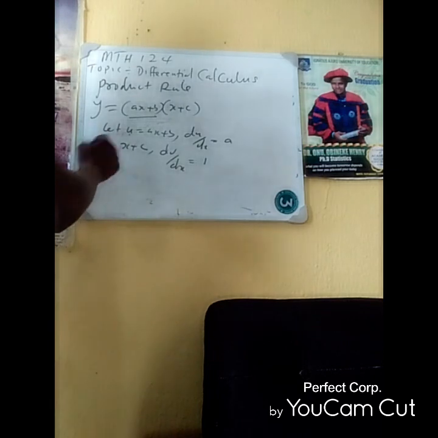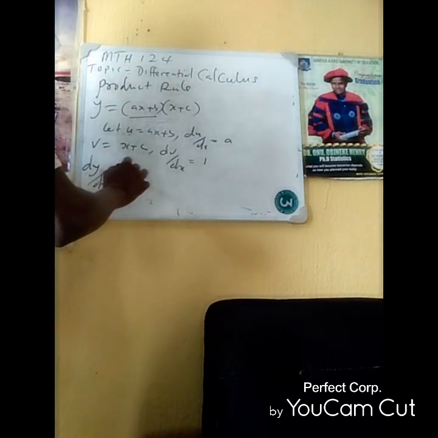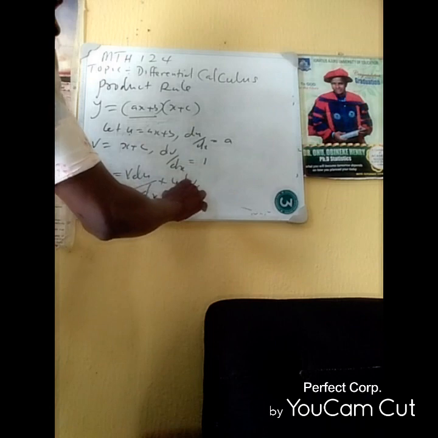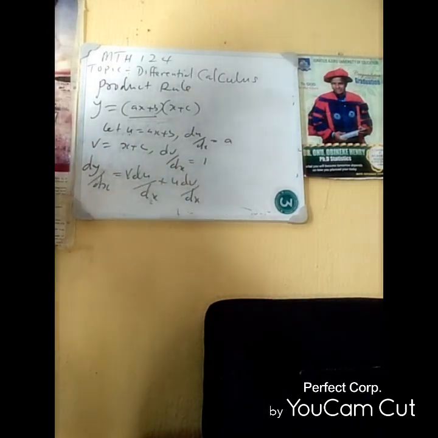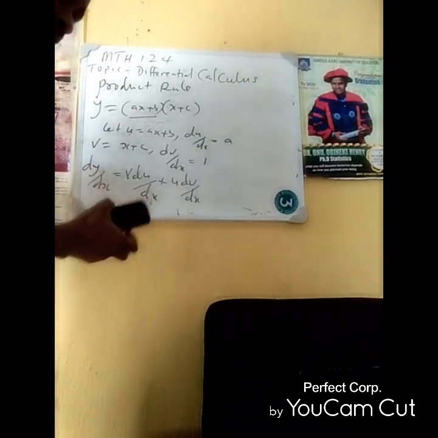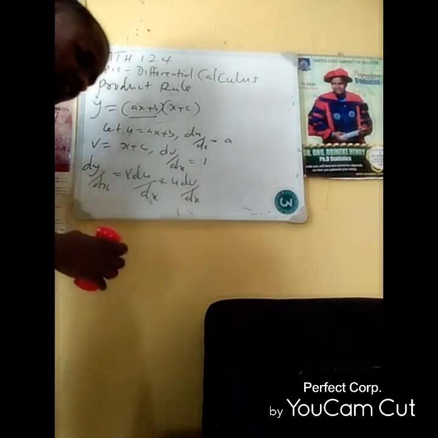Now the formula for the product rule is dy over dx equals v du over dx plus u dv over dx. That's the formula. Without wasting time, we'll take an example on this particular problem and fast track the process.